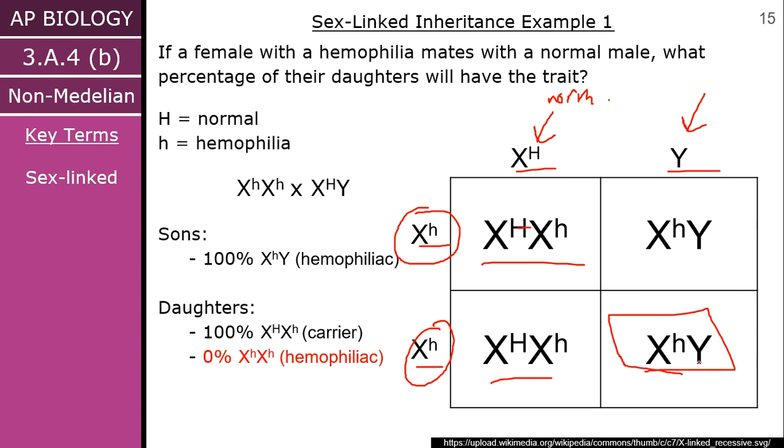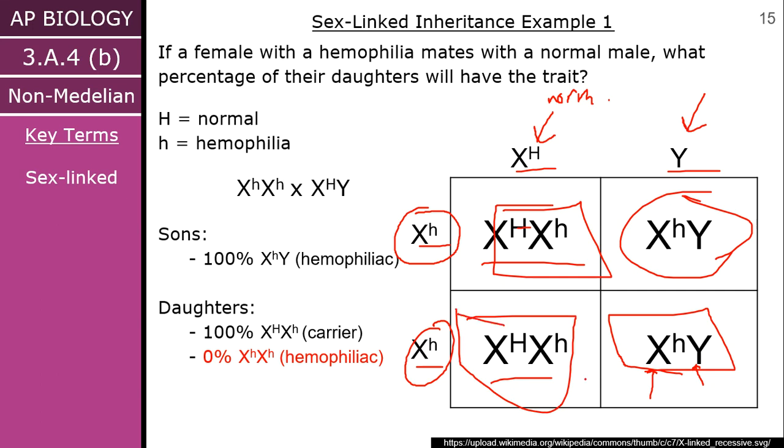So that would be a male because it has a Y, and the only H they have is a little h, so they would actually be hemophiliac, and you would get the same thing here with the X little h Y on top. So all of their sons are going to be hemophiliac, and all of their daughters are going to be carriers. So these individuals right here, the daughters are not hemophiliac, but they do have the allele.